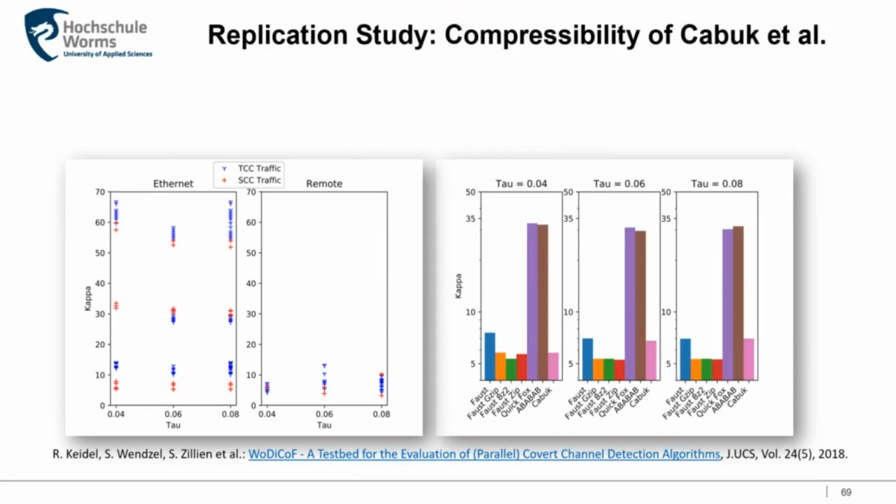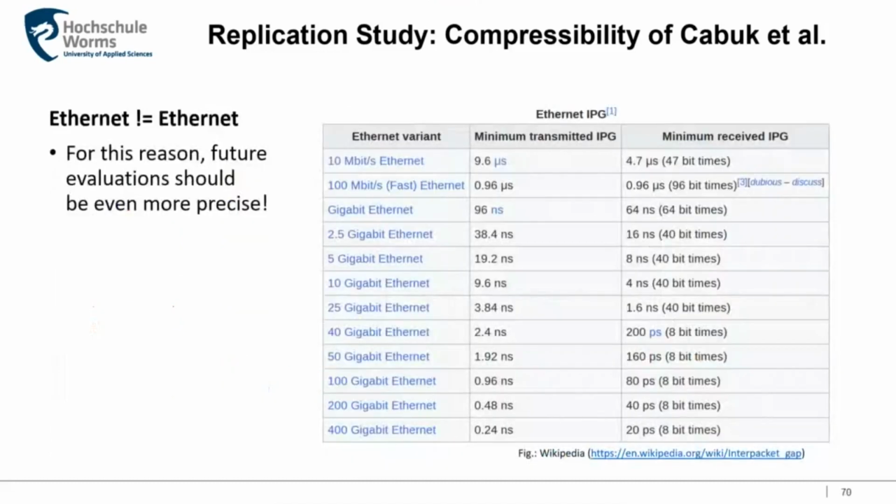They had remote connections, but in a local network, it was totally different. Also, the compressor makes a little difference, and some other factors as well. My point is that research literature should include, if possible, such circumstances. Even if we take Ethernet, we actually need to differentiate between the types, because the inter-packet gaps differ quite a lot.